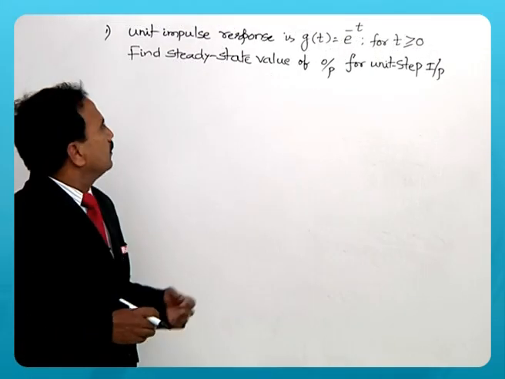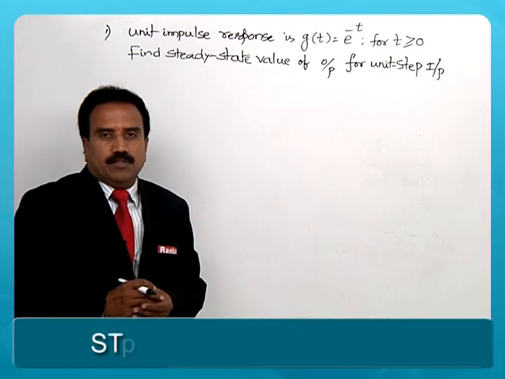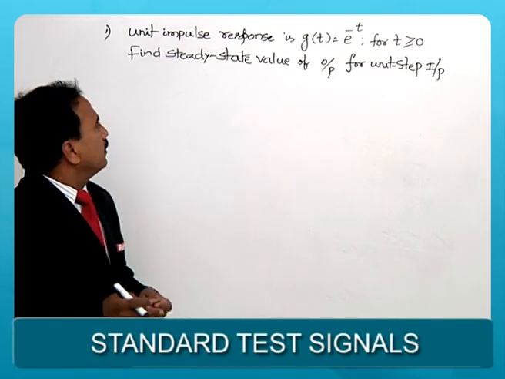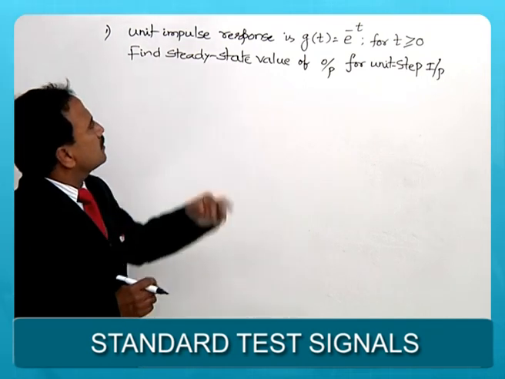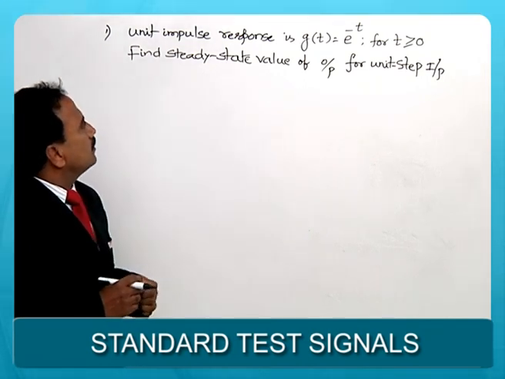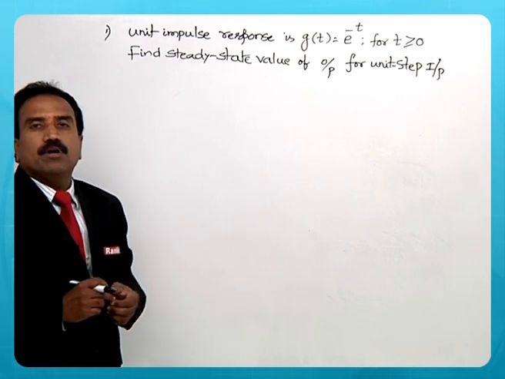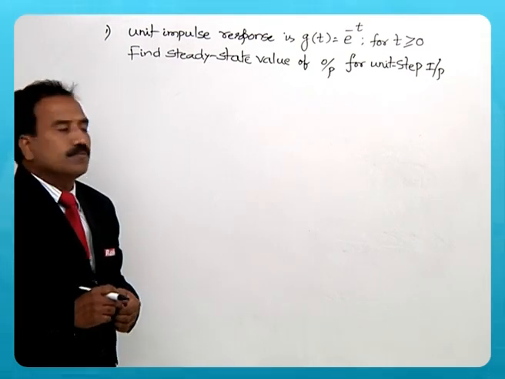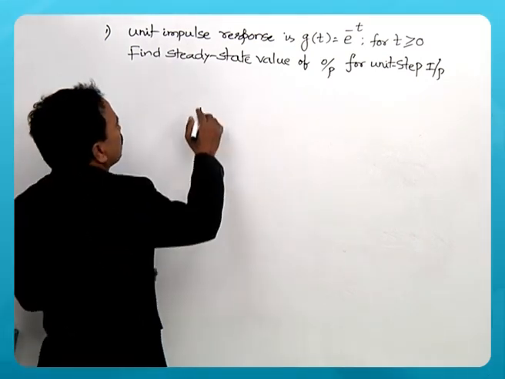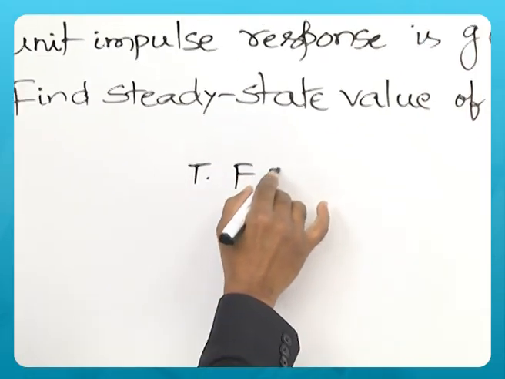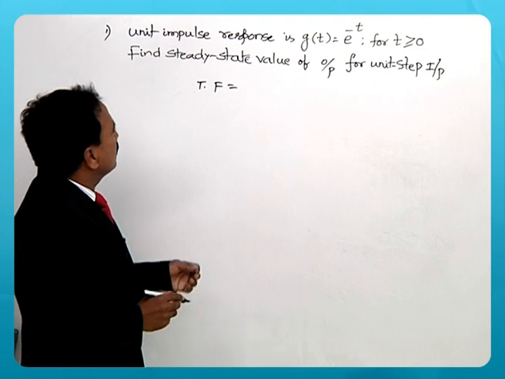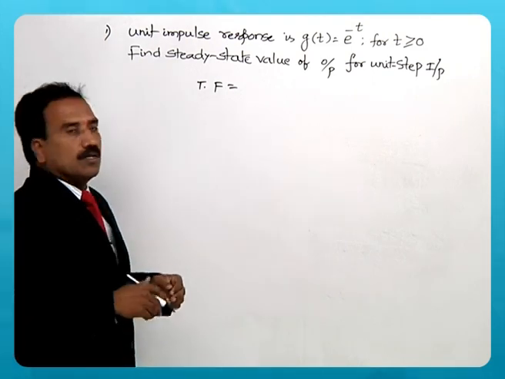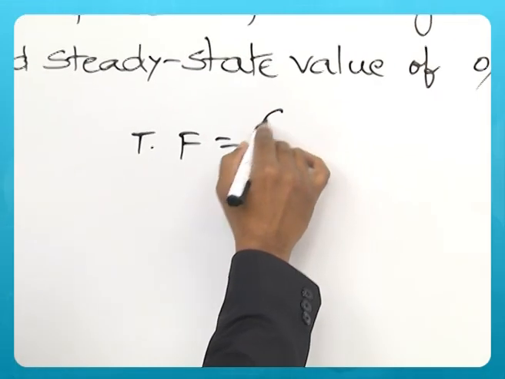Now the other kind of problem that appears in transfer function is when unit impulse response is given as g of t equal to e power minus t. If you remember, the transfer function can be defined in two ways. One is Laplace transform of output to the input.